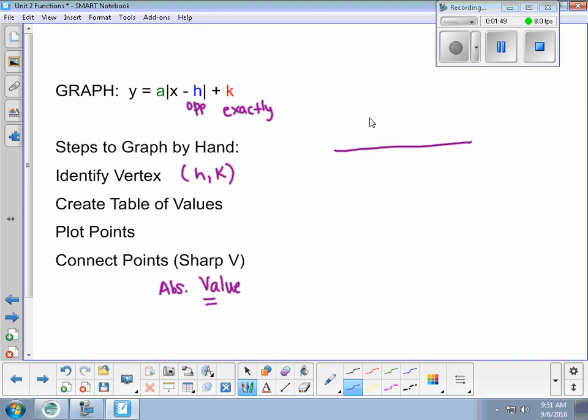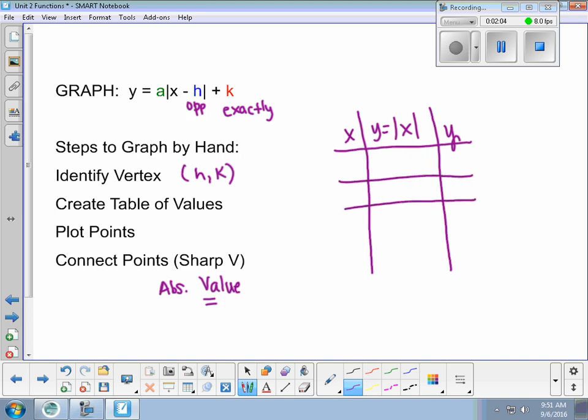It's good to know that the absolute value graph is in the shape of a V. So for y equals the absolute value of x, I would first find the vertex, and I'm going to put the vertex in the center of my table of values. So I'll have two numbers above and then two numbers below.